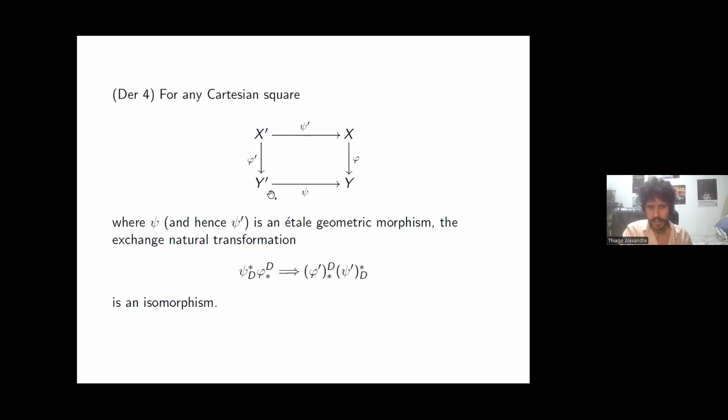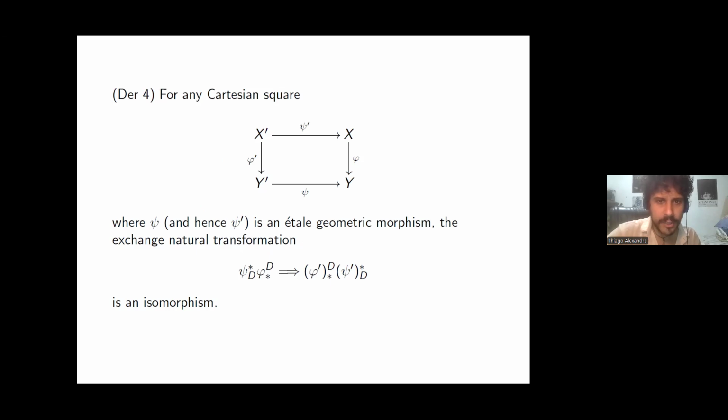Actually, we only need to assume that psi is étale because we automatically have that if this square is Cartesian, then psi prime will also be étale. And that's the usual Beck-Chevalier exchange isomorphism, which helps to compute the inverse and direct cohomological images in some sense.